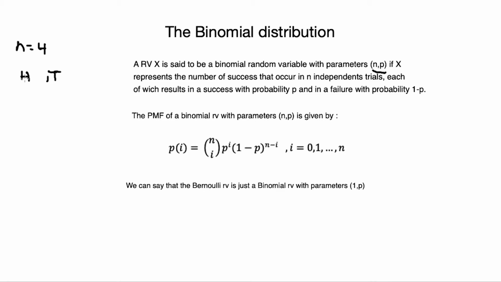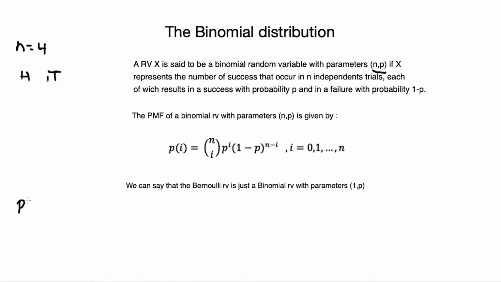So in this case, we have head as the success and tails as the failure, and it is a binomial random variable. And the PMF of a binomial random variable is given by this expression, and the probability of getting i heads is, let me compute it here in this space.